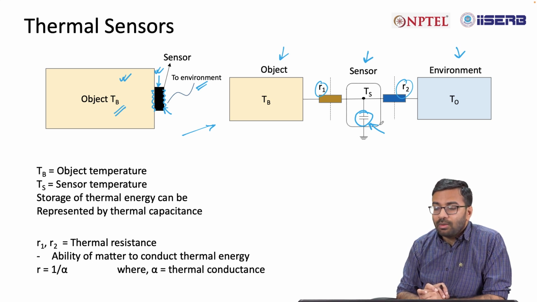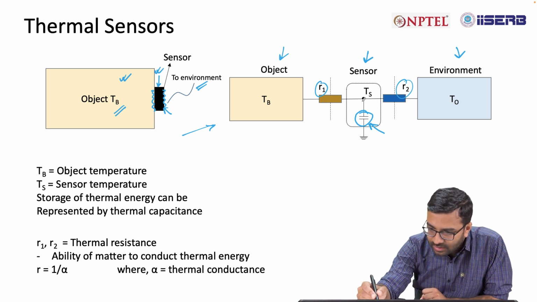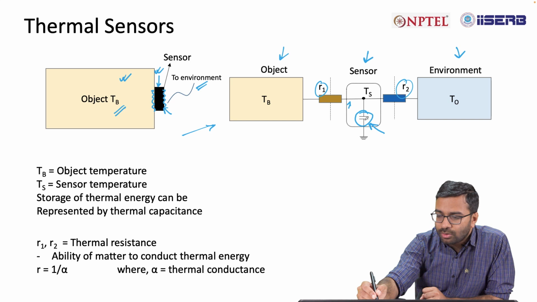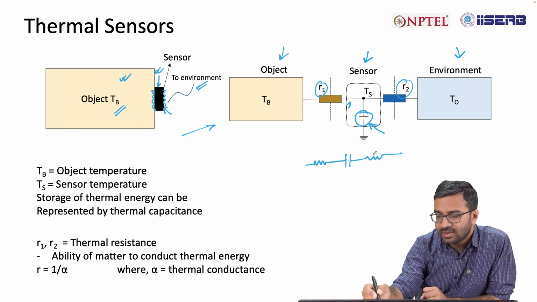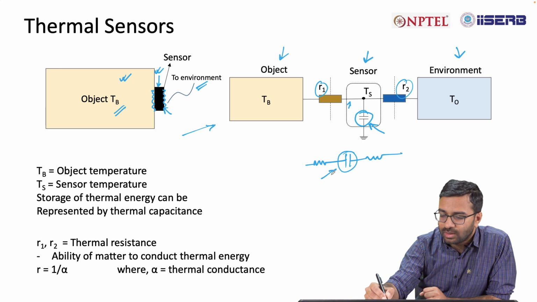Now one may ask why we have connected the capacitor in parallel to this line. This capacitor may also be in series, for example resistance, then capacitance, then again resistance. Why have we chosen this model rather than that one?